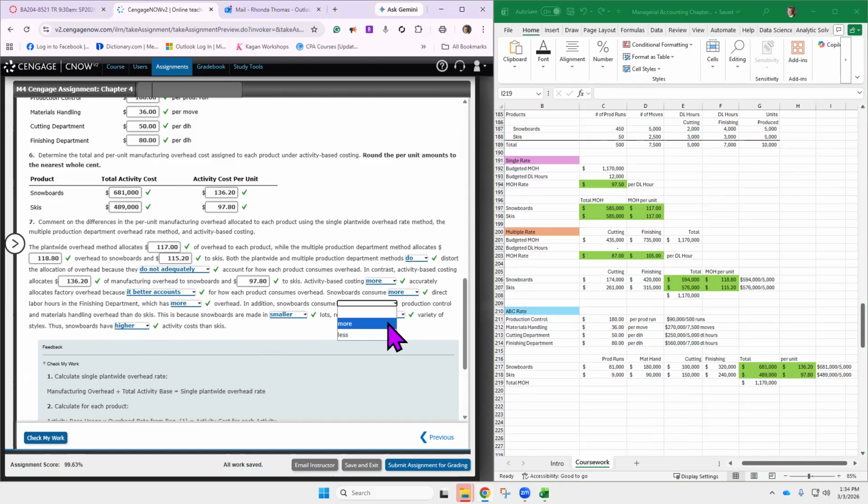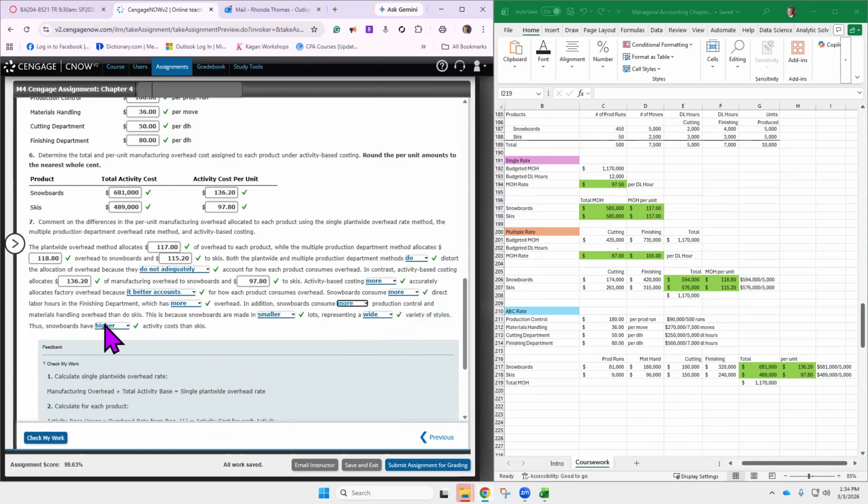Snowboards consume more production control and materials handling overhead than do skis. So more is the answer to that one. If I am able to pick it, there we go. That's why I didn't have that finished.